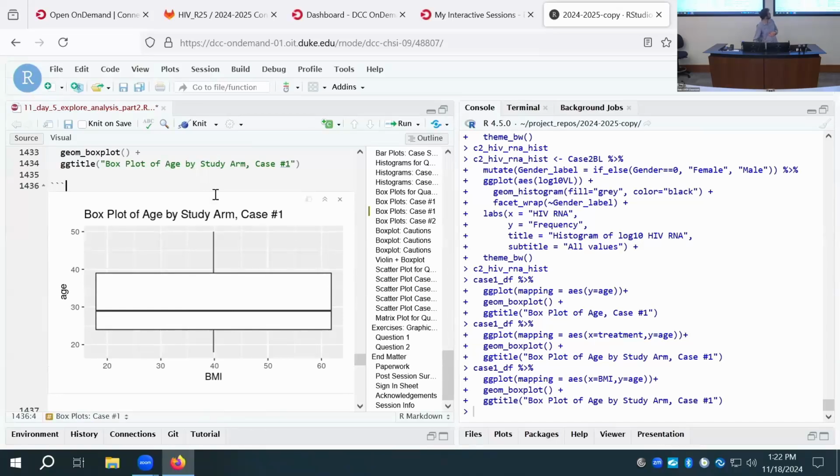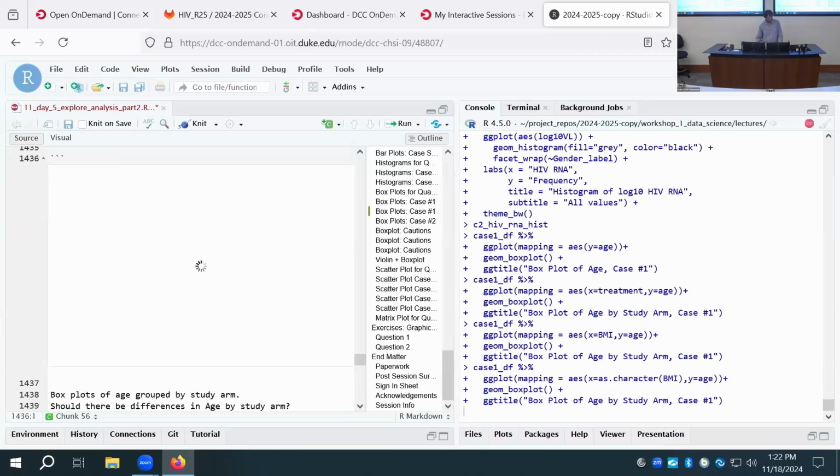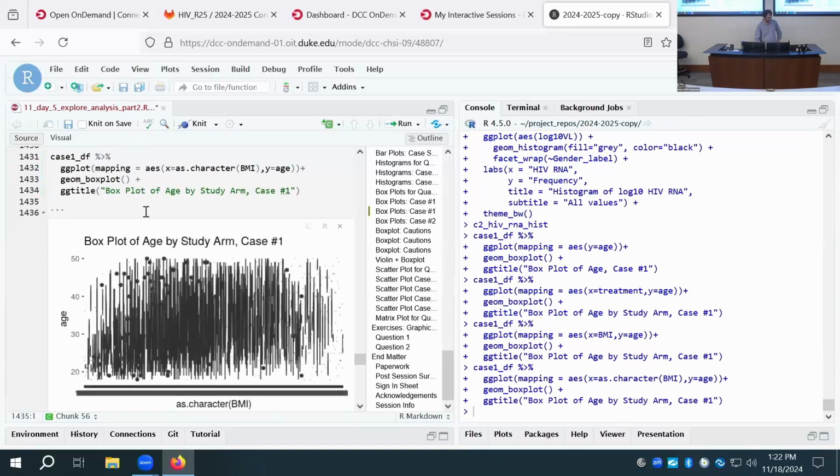So never mind. Ignore this example. If we did as.character, I think it would perform as I expected. This is where it's going to get messy. So you can ignore this. This is only going to happen if you just do the data as is. If you pass in as.character BMI, you have age, you'll get this kind of mess because it's going to treat each individual unique BMI value as a new category.